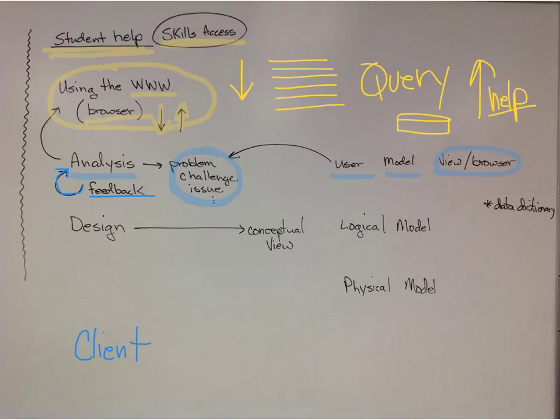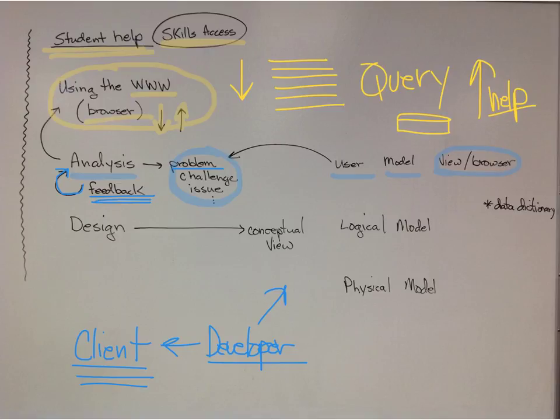You have a client that you're working with. So here's the developer, that's a generic term for everything we're doing up here. And so you have a client you work with, so you're constantly getting feedback from the client. You give them some ideas of how you might solve the problem, they'll give you some feedback.